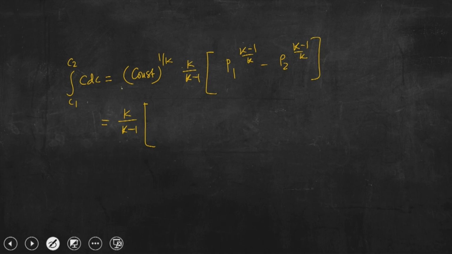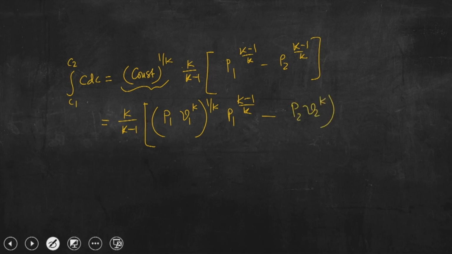This constant power 1 upon k we can write as P1 V1 to the power k, to the power 1 upon k, into P1 to the power k minus 1 upon k, and the same constant power 1 upon k we can write as P2 V2 to the power k, to the power 1 upon k, into P2 power k minus 1 upon k, right. Basically we have to do some algebraic manipulation.